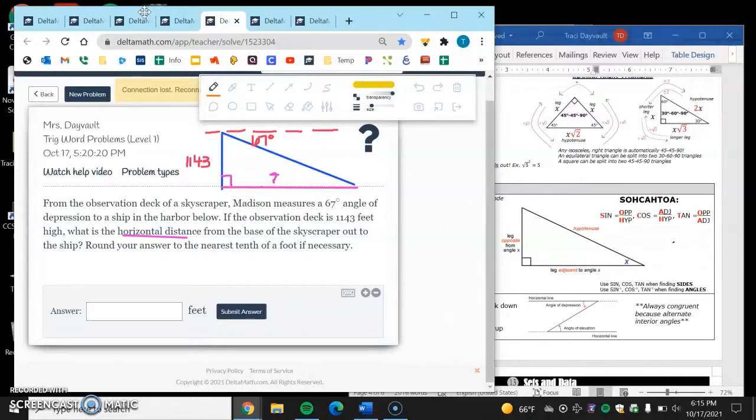Something else that you could do is think way back to a while ago when we talked about all of our different angle relationships. Anytime we have two parallel lines, obviously horizontal lines would be parallel to each other, and a transversal, remember we have all those special angle pair relationships.